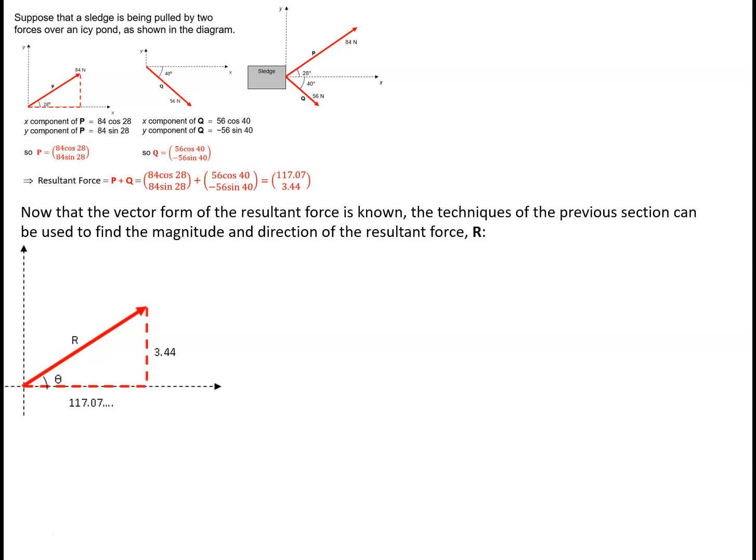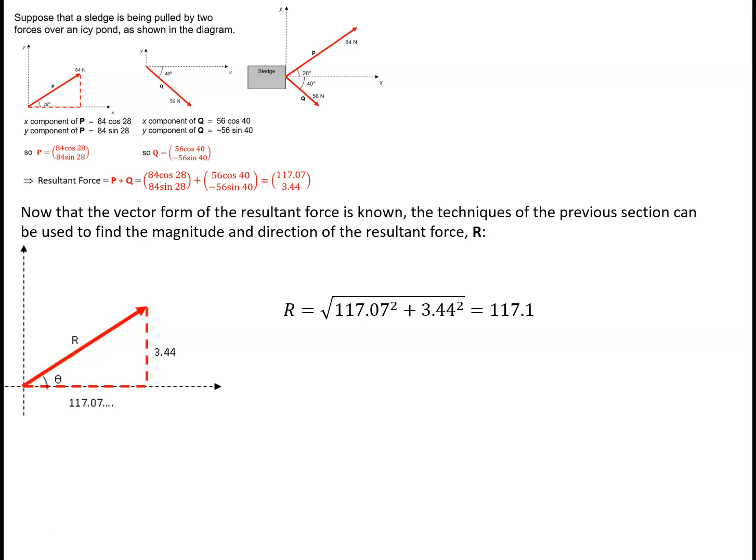So first of all, using Pythagoras, we've got r squared equals 117.07 squared plus 3.44 squared. So r must be the square root of 117.07 squared plus 3.44 squared, which gives me 117.1 newtons. So the magnitude of the resultant force is 117.1 newtons.